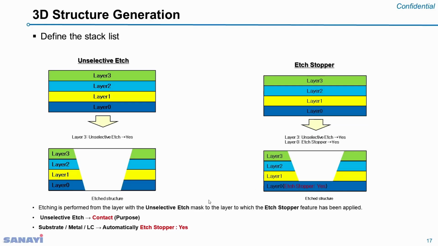There are several notes for using these options. The layer that you want to use the unselective etch function for should be set to contact in the tech file. And substrate, metal, and LC layers are automatically set as etch stoppers.